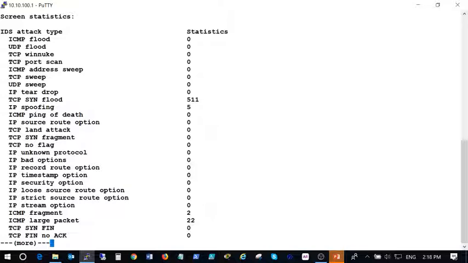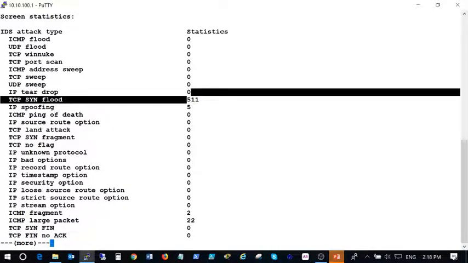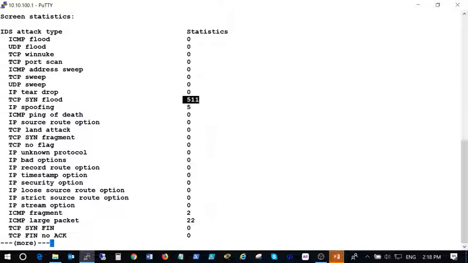What problems have we seen? Well, we've seen this TCP SYN flood. We've had 511 of them. We've had some spoofing, some fragment problems, and 22 ICMP large packets. So these are hacking attempts here, right? Now, why would I have an ICMP large packet?